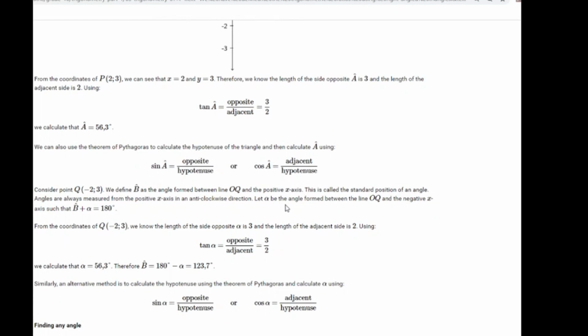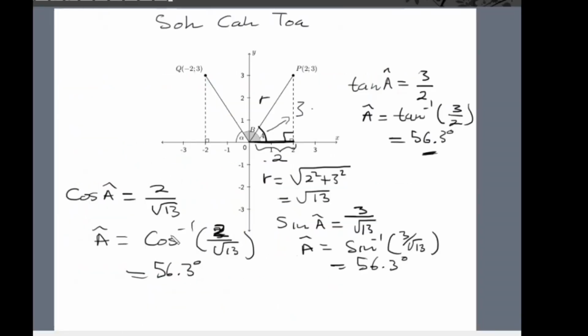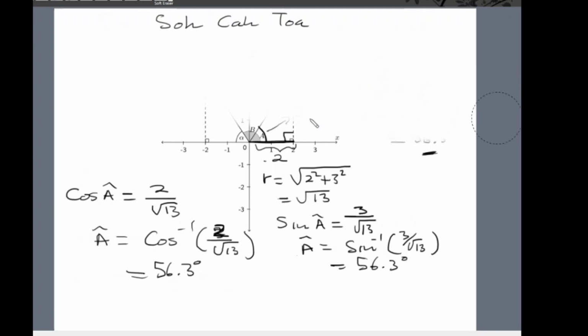So let alpha be an angle formed between the line OQ and the negative x-axis. So now going back to our board, I think let me bring on our sketch again.